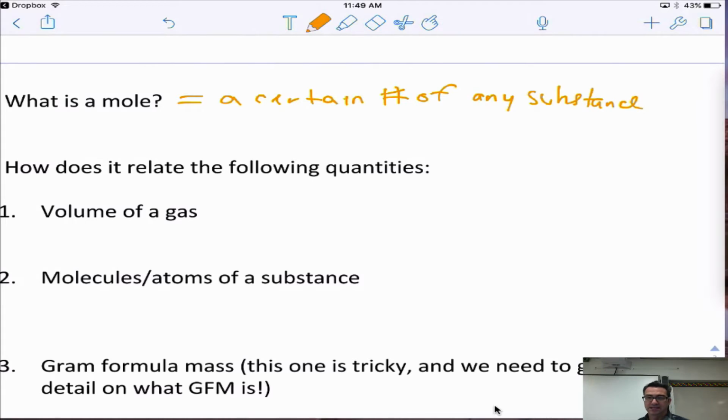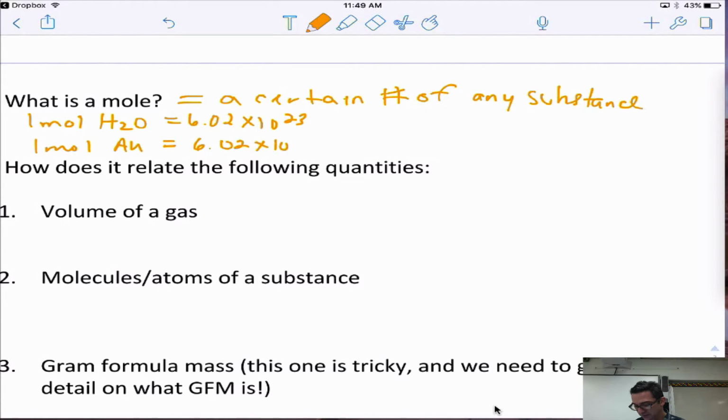And so the idea is, if I had 1 mole of water, like we saw, we would have 6.02 times 10 to the 23rd of those water molecules. If I had 1 mole of gold, it would be equal to 6.02 times 10 to the 23rd of gold.